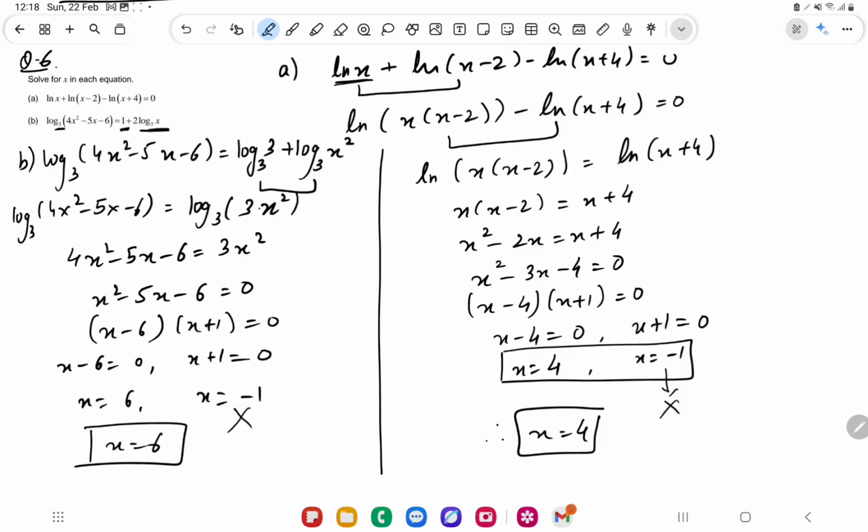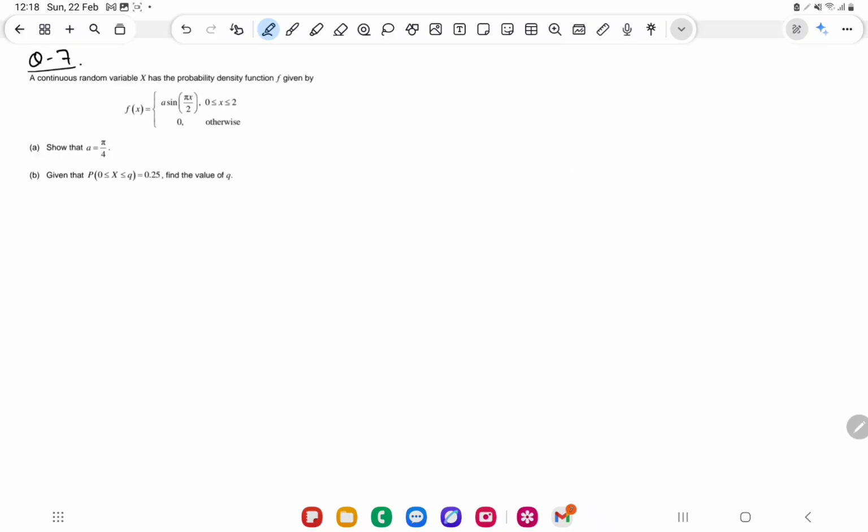Now let's move to the next question. In this question we are given a random variable x which has a probability density function given as this. In the A part we have to show that a is pi by 4. So how we can do is, first of all, x limit is given to me from 0 to 2.